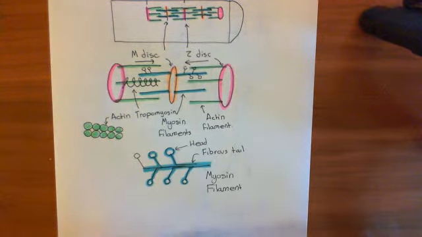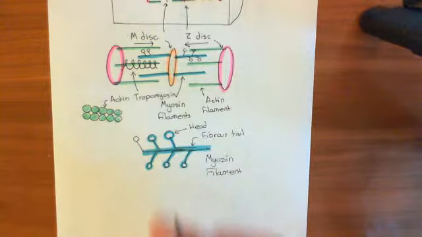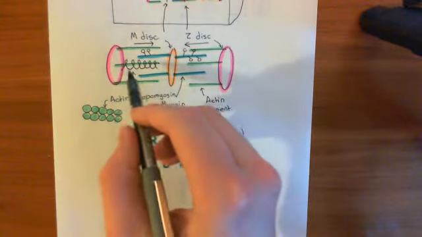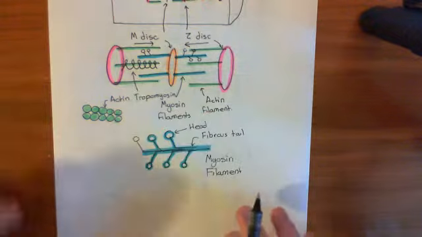Now, the way in which calcium causes the commencement of contraction is that the calcium binds to a protein that is controlling the position of the tropomyosin on the actin filament.